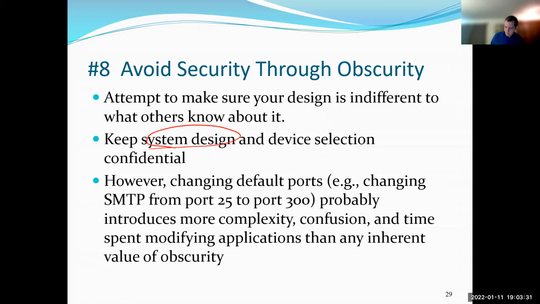But from the point of view of maintaining it, changing default ports probably introduces more complexity and confusion and time spent modifying applications than the value that you will get out of it. So this is certainly not recommended, generally speaking.